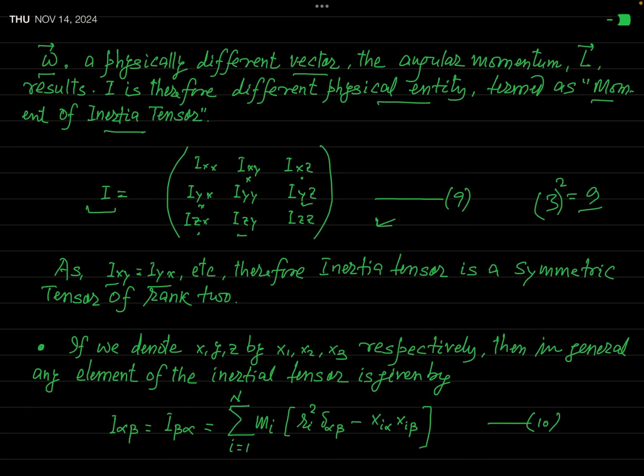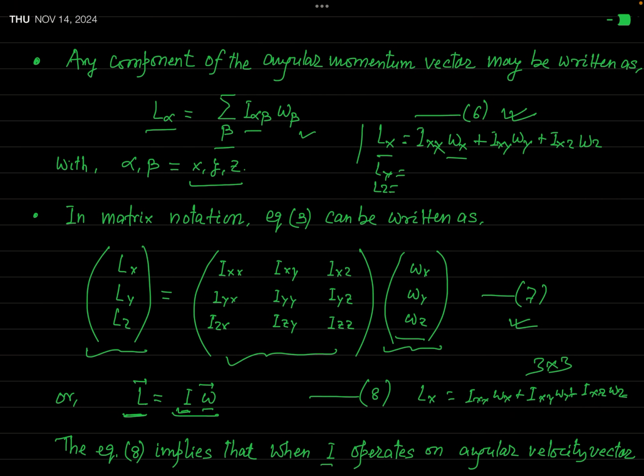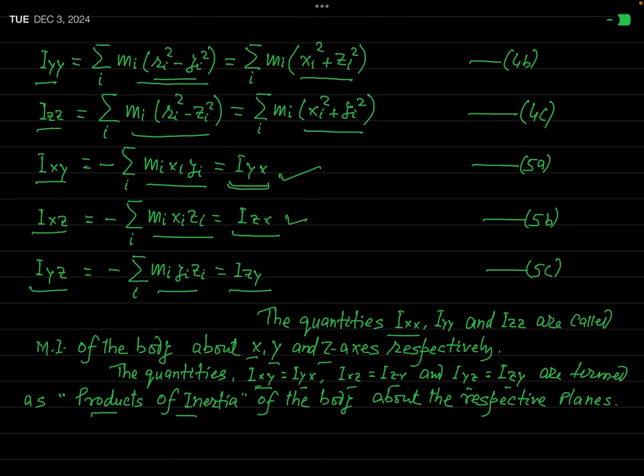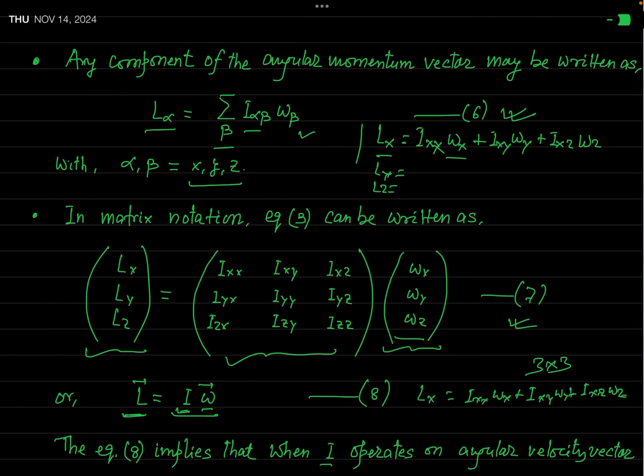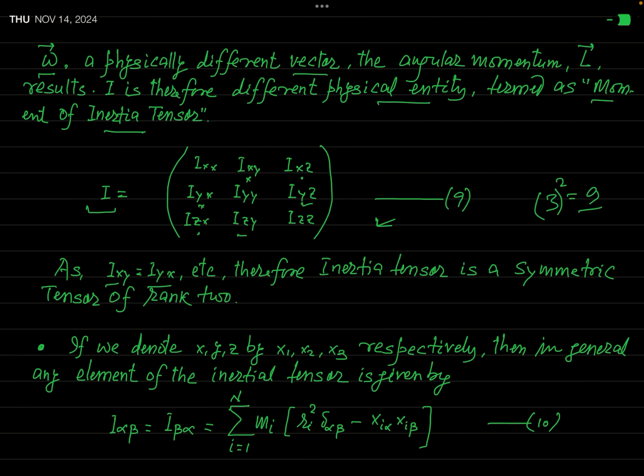Now, the components of the inertia tensor and the products of inertia can all be written in a single equation. For this, consider that x is written as x1, y as x2, z as x3.